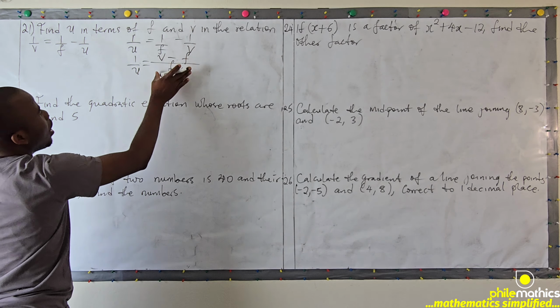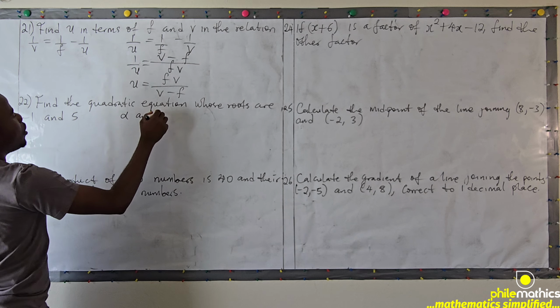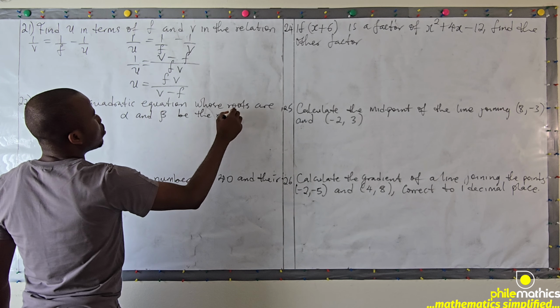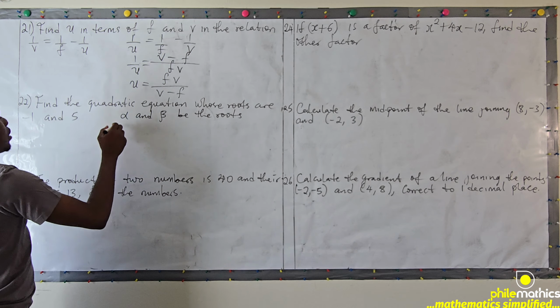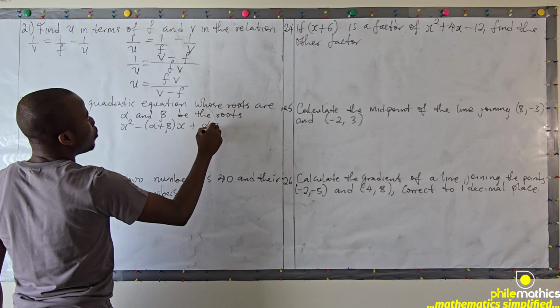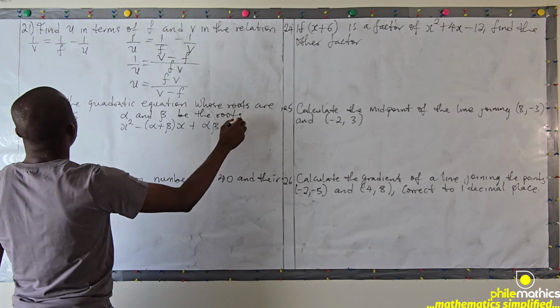Question 22 says find the quadratic equation whose roots are -1 and 5. There are two ways we can do this, but if we want to go through saying let alpha and beta be the roots, we know that the formula is x squared minus (alpha plus beta, the sum of the roots) x, plus alpha beta, the product of the roots, equals 0.